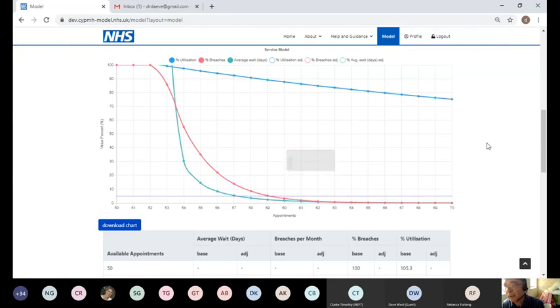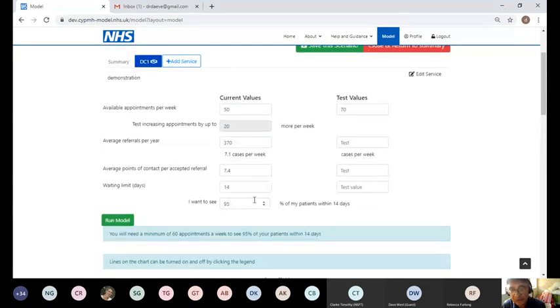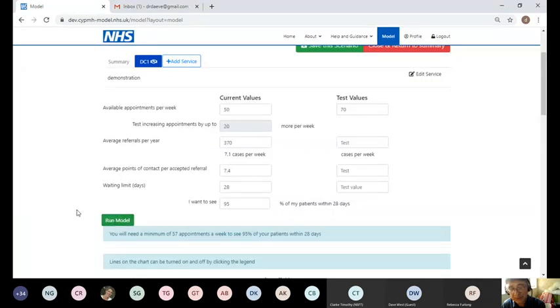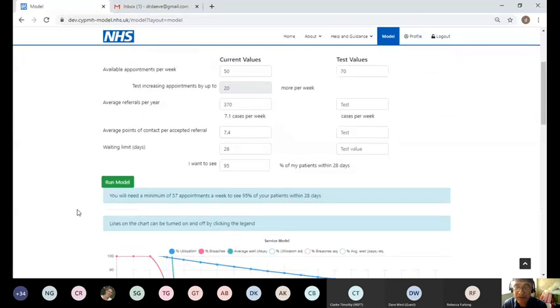We can have a look at the impact of the wait time standard sometimes. So let's say actually 28 days is plenty. It's fine. We don't mind them waiting 28 days. Doubling the wait time standard only gains you 3 appointments.